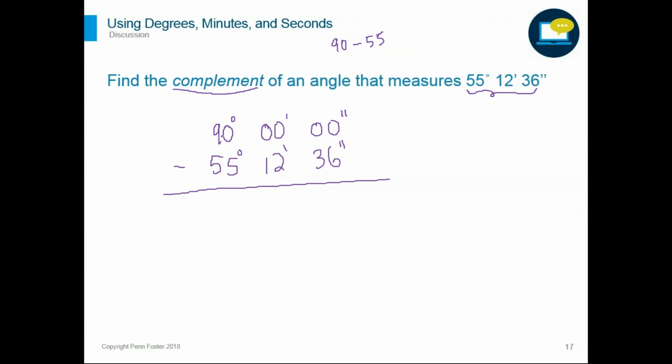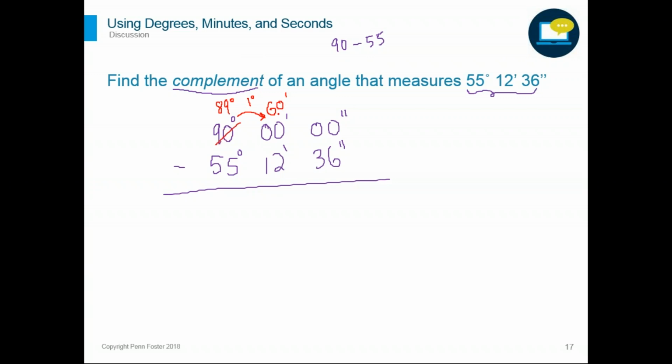So we have to go for the last column to the left, which is the 90 degrees. We're going to borrow 1 degree from 90. So if we're going to borrow 1 degree from 90, the 90 will no longer be a 90. It will be 90 minus 1, so that would be 89 degrees. And it will give 1 degree to the minutes column. There are 60 minutes in 1 degree, so 1 degree will be given to this column, which is equivalent to 60 minutes.